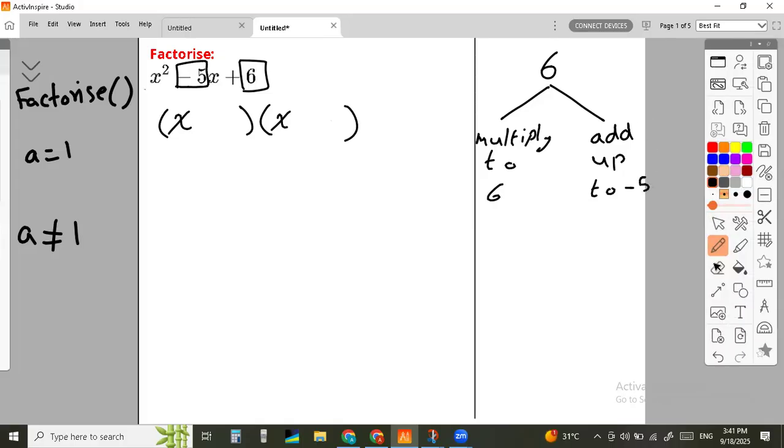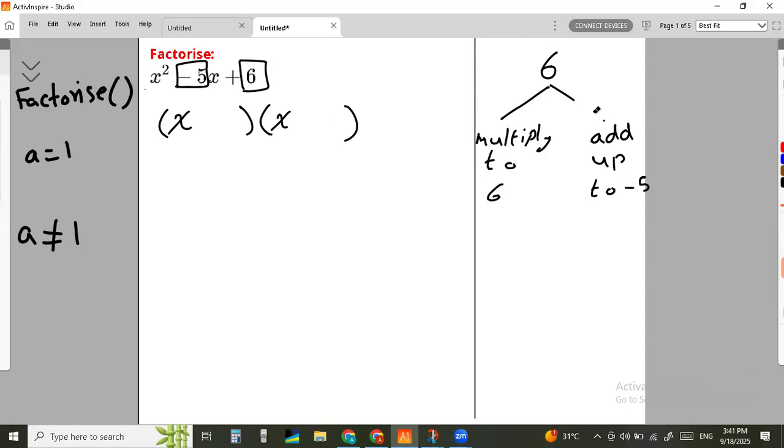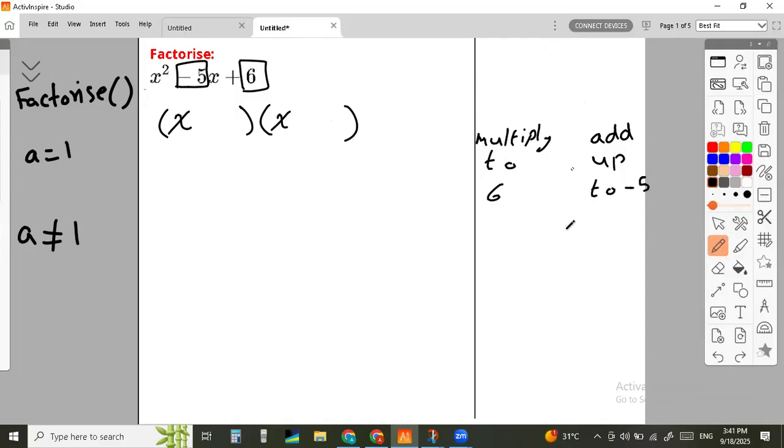So now, what are these two numbers? Those two numbers that if you multiply them, they give you 6, but if you add them, they give you -5.